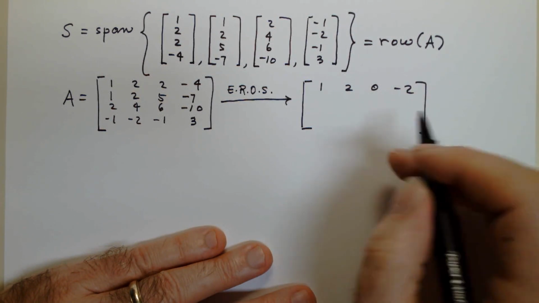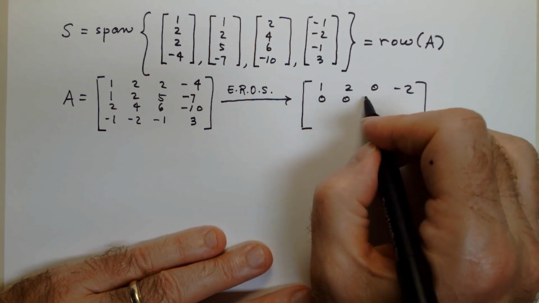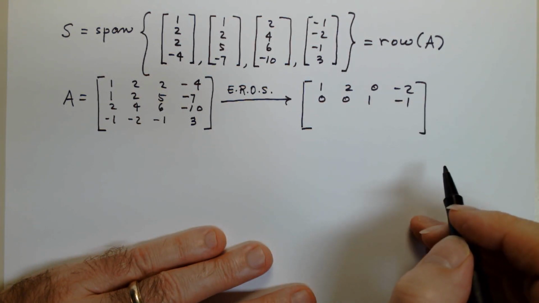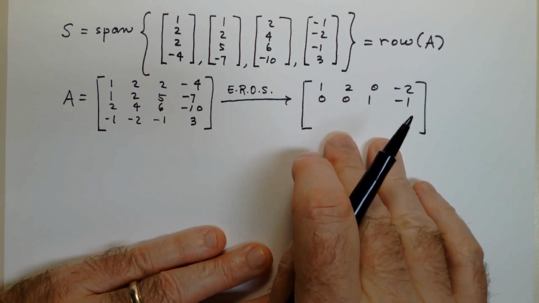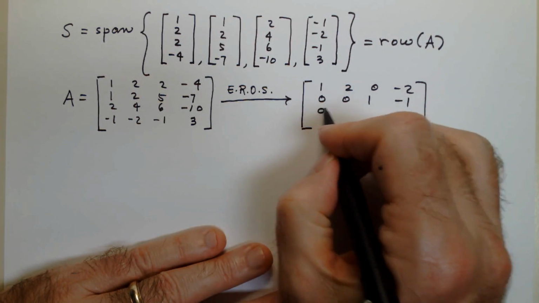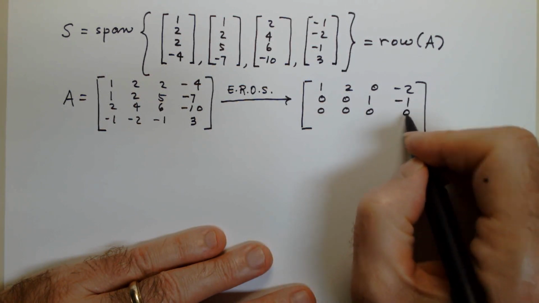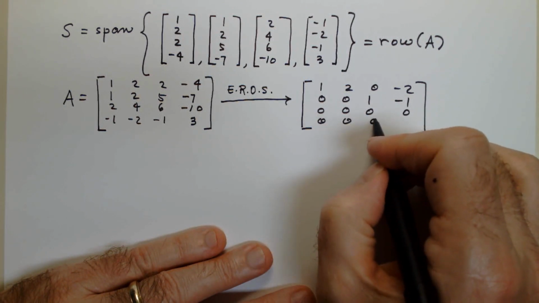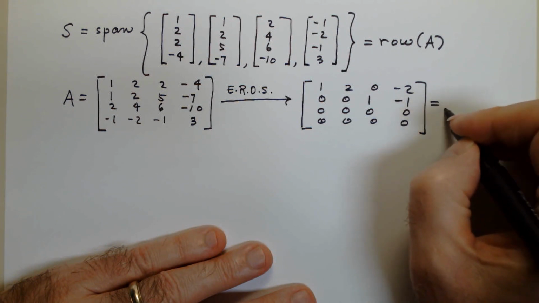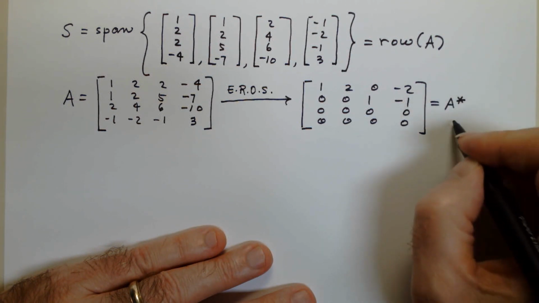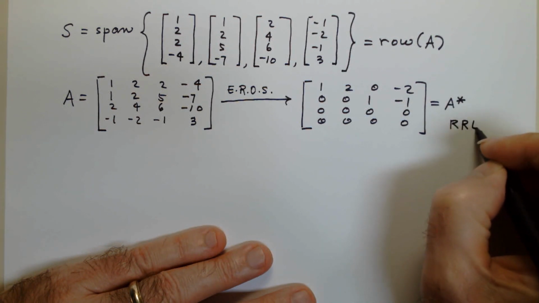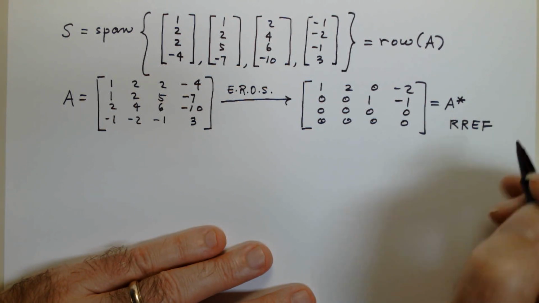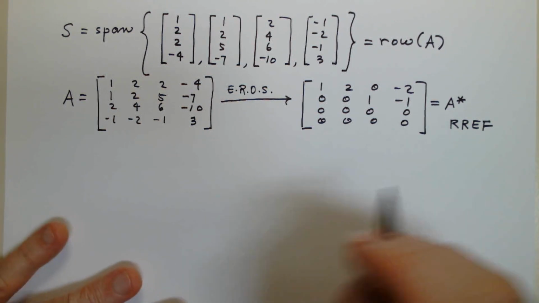That's row 1. 0, 0, 1, negative 1. That's row 2. And it turns out that the last two rows consist entirely of zeros. So we'll call this matrix A star. That's the reduced row echelon form of A.